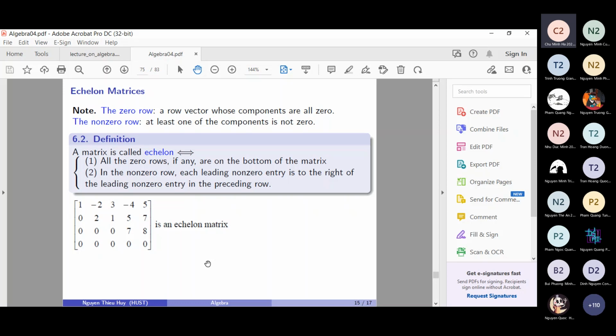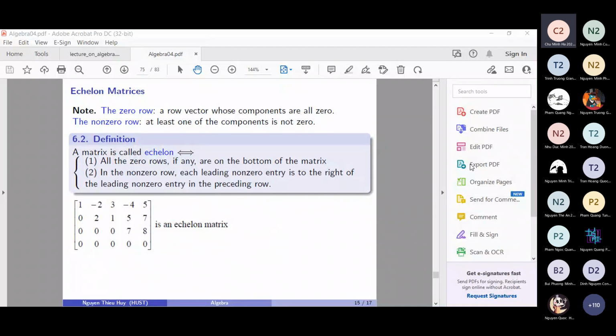Good. Now I want to ask you a question. Maybe I write here on the whiteboard so you can understand. Is an upper triangular matrix echelon? So I write here so that you have some time to think.